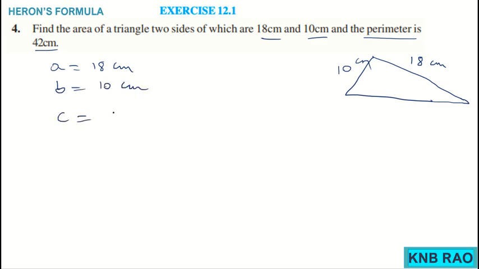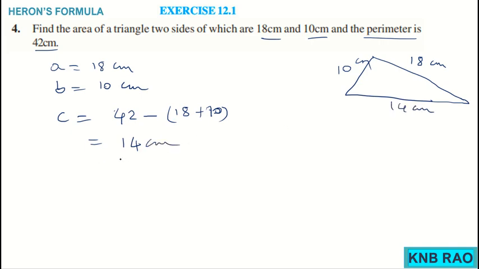If I subtract the sum of these two sides from the perimeter, it gives me the third side. So 18 plus 10 is 28, 42 minus 28 gives you 14. So 14 centimeter is the third side.